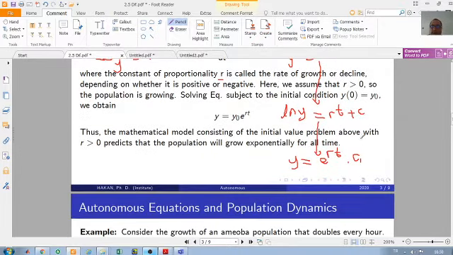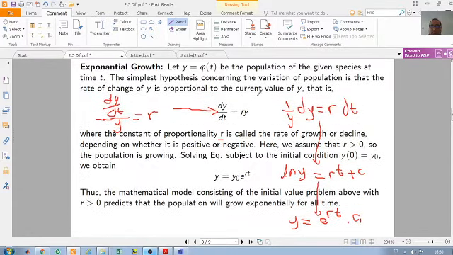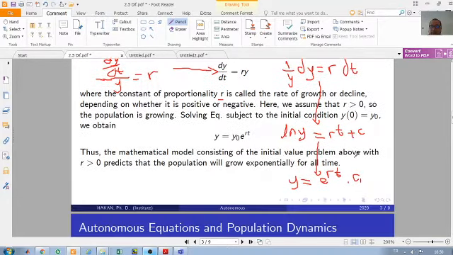Because e to the power c is a constant again, instead of e to the power c we write c1. Using the initial condition y of 0 is equal to y0, we have y0 is equal to 1 times c1, so c1 is equal to y0. Writing y0 instead of c1, we obtain this solution.